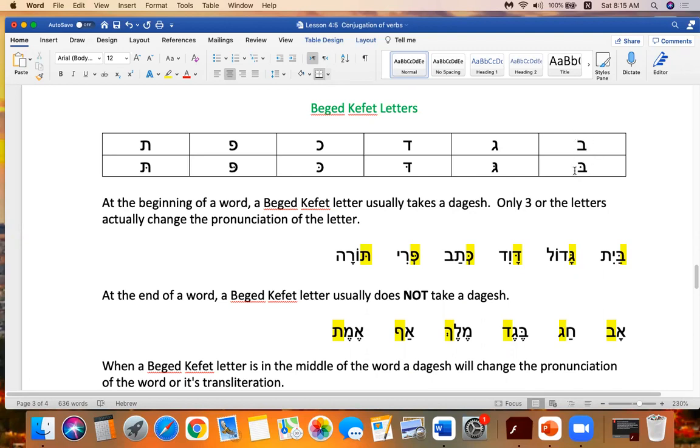Gimel is one that has come to just be one sound. I have no clue what the other sound would have been. Probably more of a guttural G, more of a soft G. Then Dalet, here again, it's just a D now. Kefet, okay, Kaf.